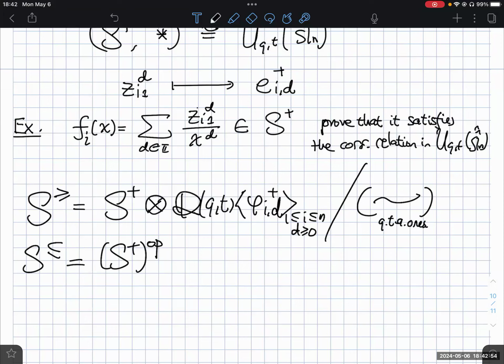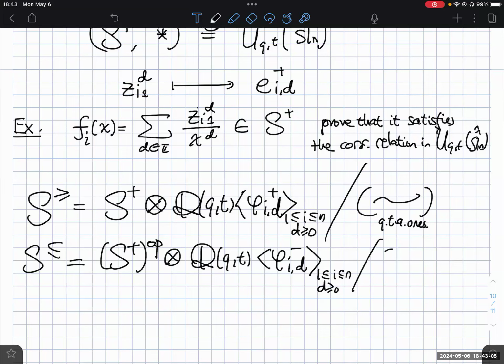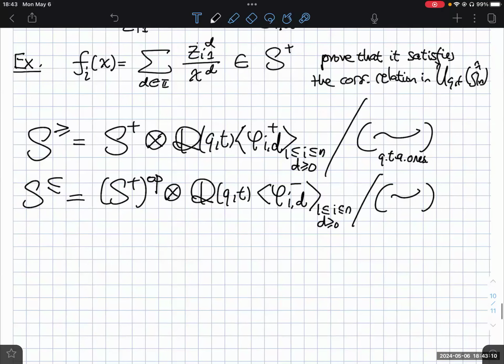And similarly, you could take the S non-positive as the S opposite algebra. This opposite means that we take the opposite twist of the zeta function, and quotient by the relation. Yeah.